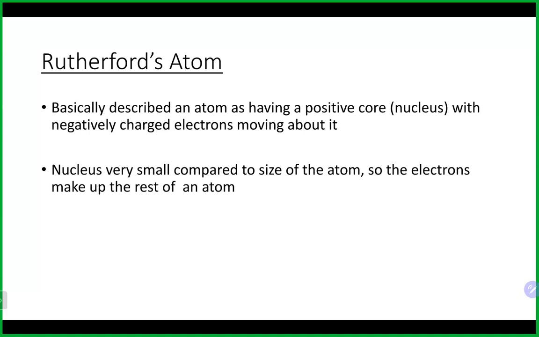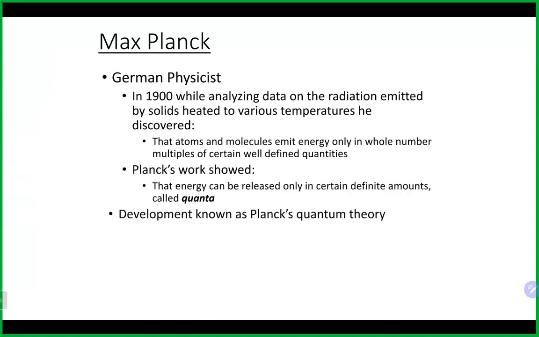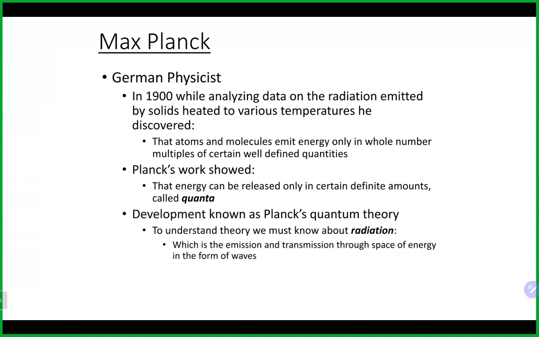The nucleus, again, is very small compared to the atom. So the electrons make up a lot of the atom's space because they are flying around in that empty space of the atom.